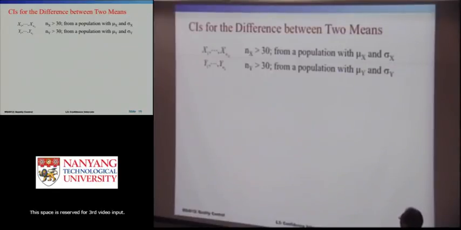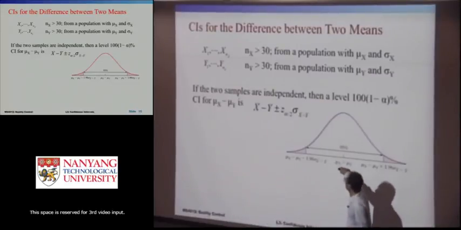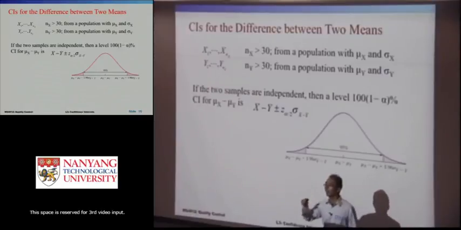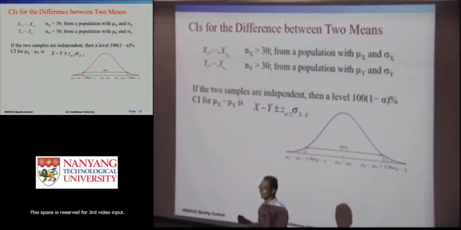Another sample is from mu y and sigma y. So this time we get two populations, and we want to know the difference between them. In this case, we get a random variable either x minus y or y minus x, a new random variable, a linear function of two random variables.